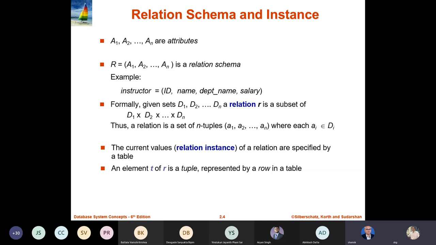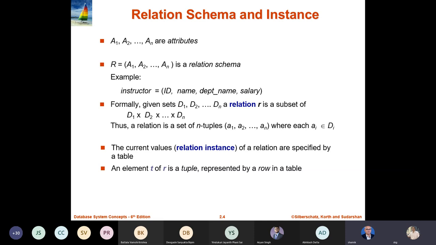Right? So formally now we can say that if these are D1, D2, D3, dot dot Dn, a relation R is a subset of this cross product, right? So if these are the domains, given these sets, it is a subset of this cross product. A relation R is a set of n-tuples A1, A2, ..., An, where Ai belongs to this particular Di, right?